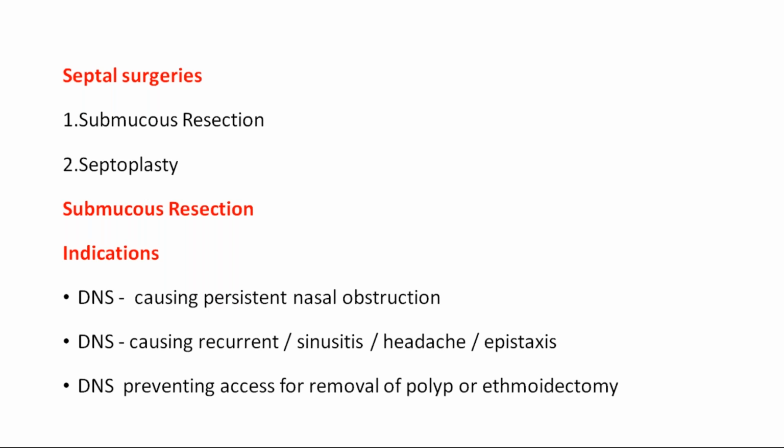So what you do, you can splint the cartilage, like how we splint a forearm or arm. Splinting of cartilage can be done in two ways. Either you use another piece of straight cartilage.